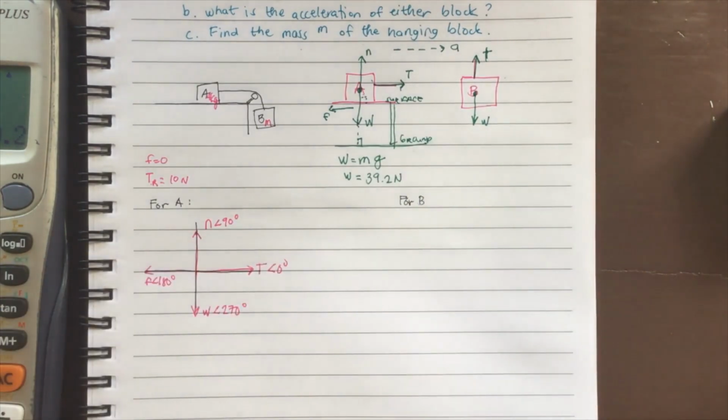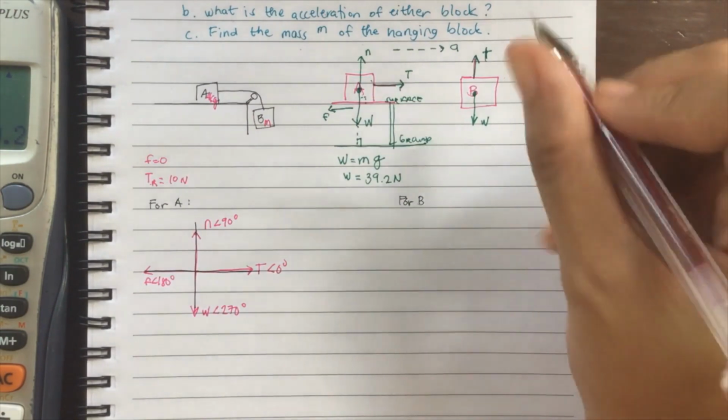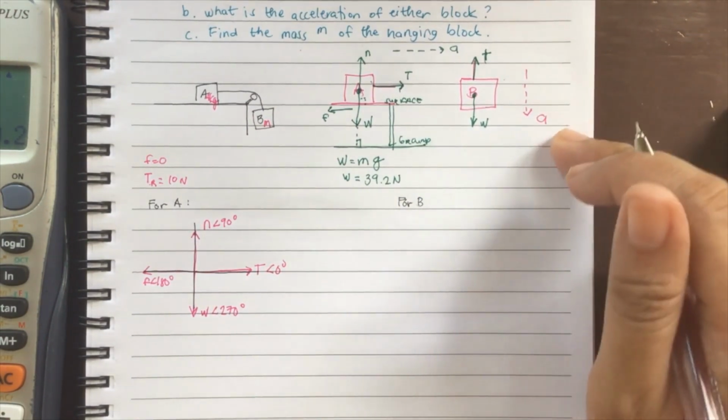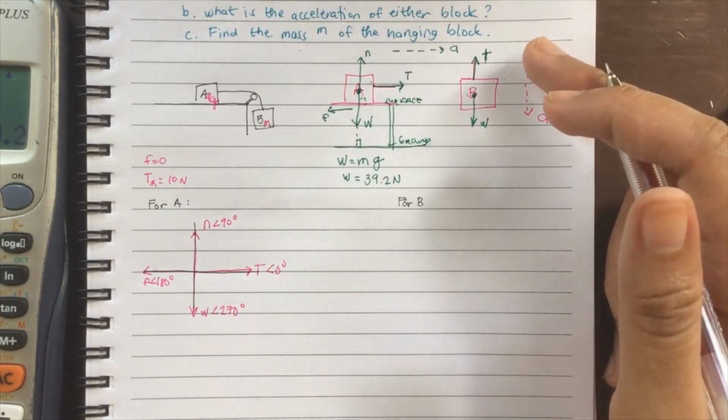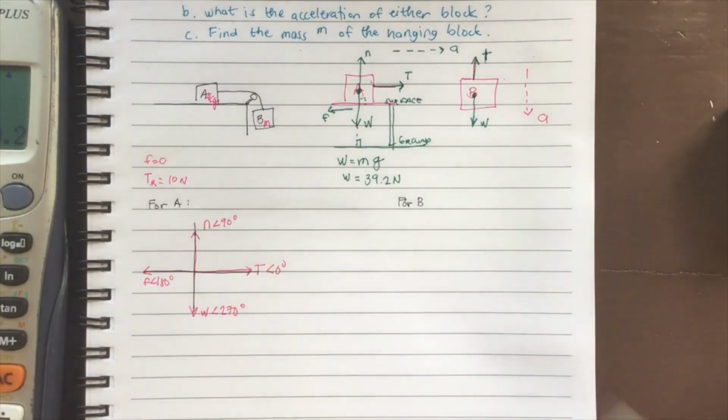Okay. Now, here's the key thing that you have to remember when you have a situation such as a hanging object. For your hanging object, your coordinate system should always be in line with the motion. And since this block will be moving downward, therefore your coordinate system should be reversed because this one is going downward.